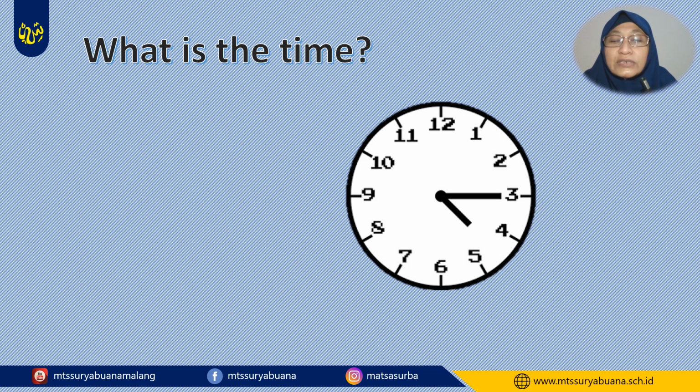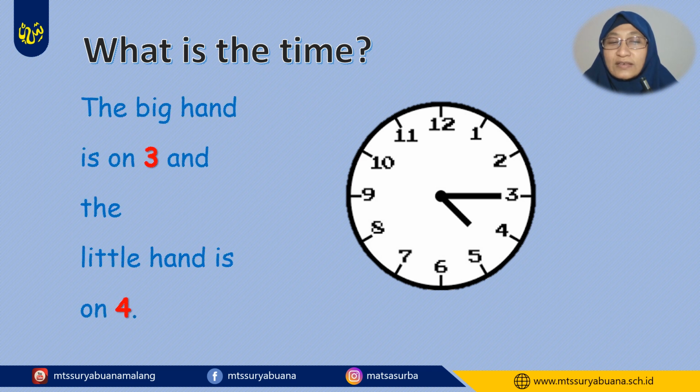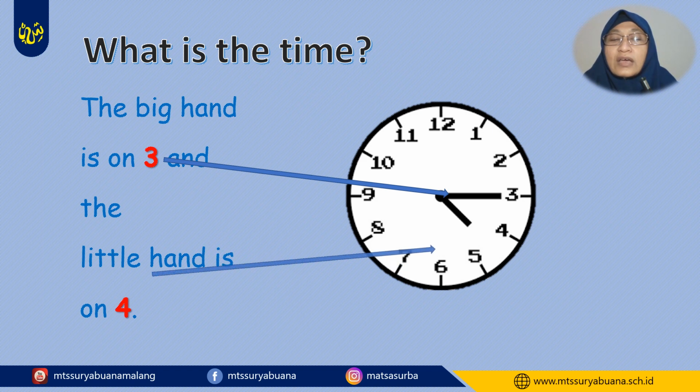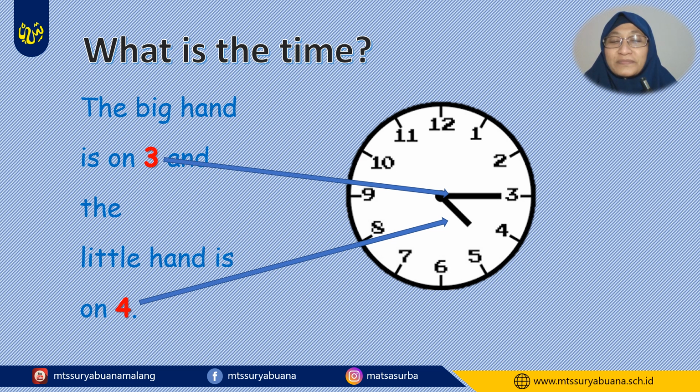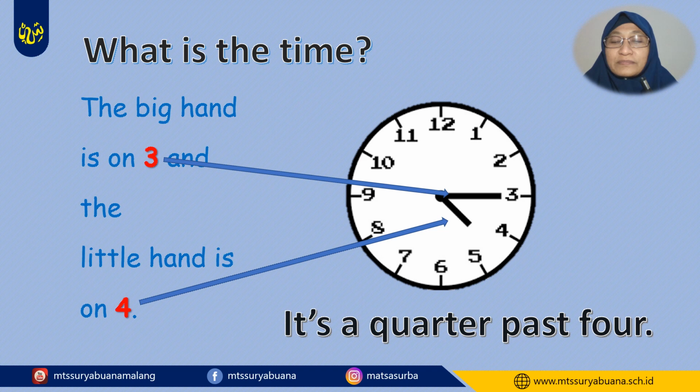Now, let's learn to read the time with the big hand on number 3. Look at this. The big hand is on number 3 and the little hand is on number 4. And we read this time as 4:15.